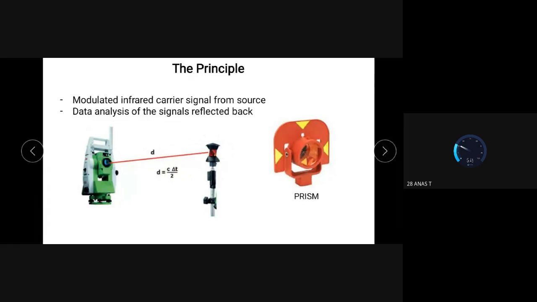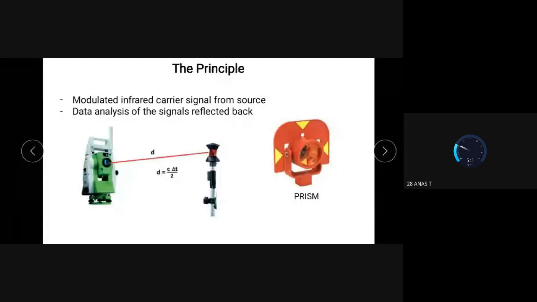So the prism is actually used to reflect back these infrared rays. Some objects which we are viewing may absorb these infrared rays, so then it will be difficult for us to get the actual distance. So most probably we will be using this prism, so that the prism will clearly reflect back these infrared rays.